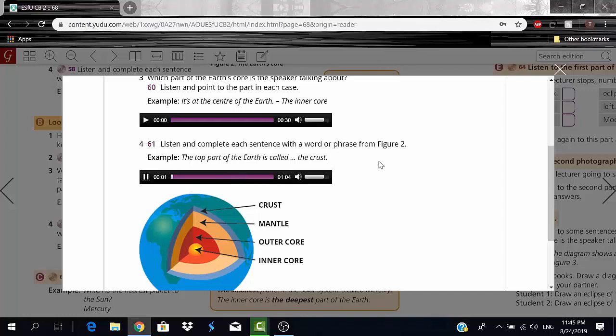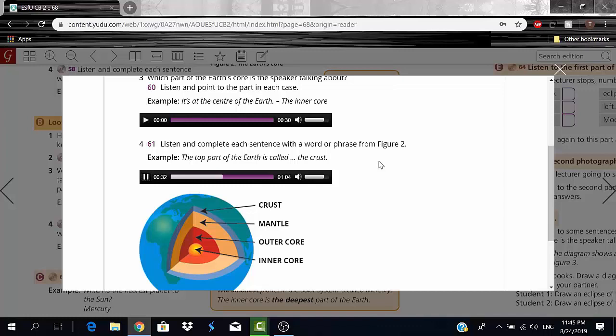61. Exercise B4. Listen and complete each sentence with a word or phrase from figure 2. 1. The top part of the earth is called the crust. 2. The center of the earth is called the inner core. 3.